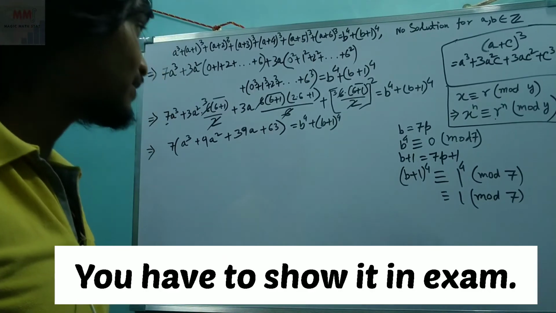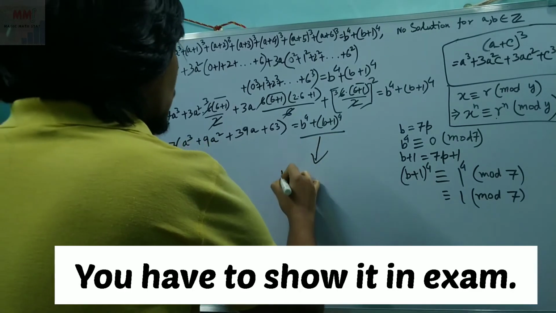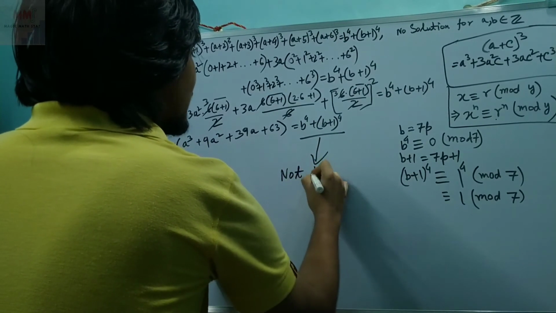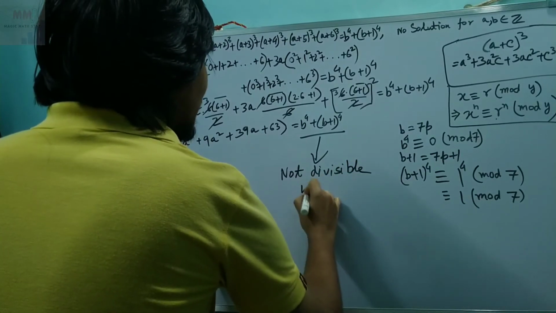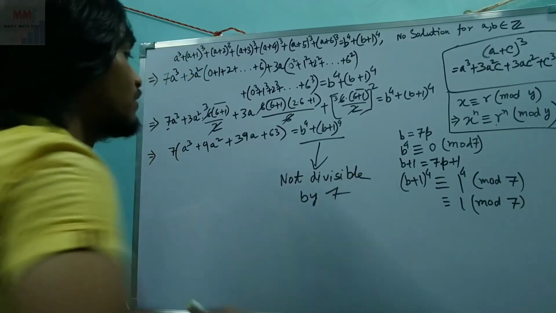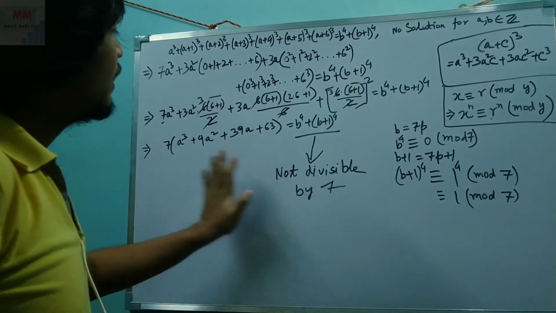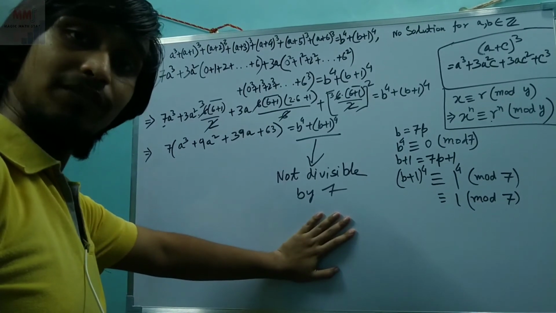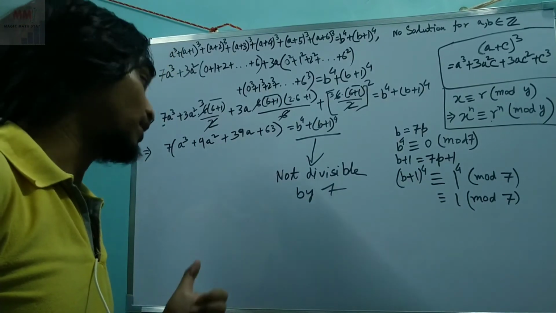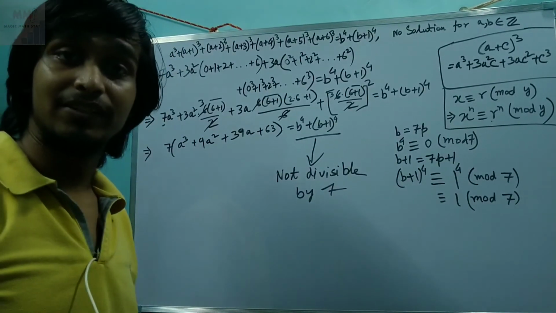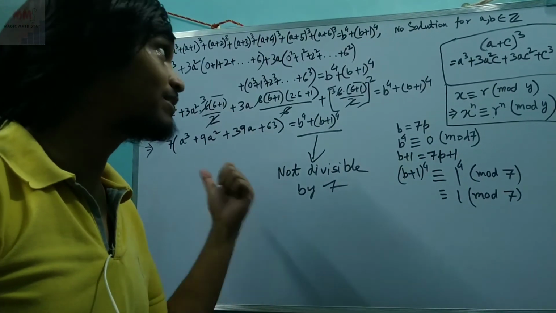So that means this side is not divisible by 7. So we have the left hand side which is divisible by 7, and the right hand side which is not divisible by 7. And that is the exact contradiction we want. And that means we don't have any integer solutions for a and b from this equation.